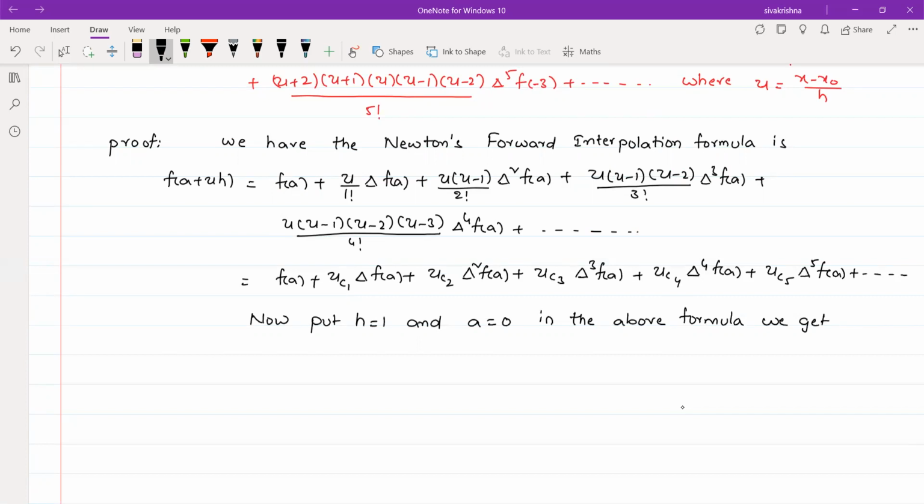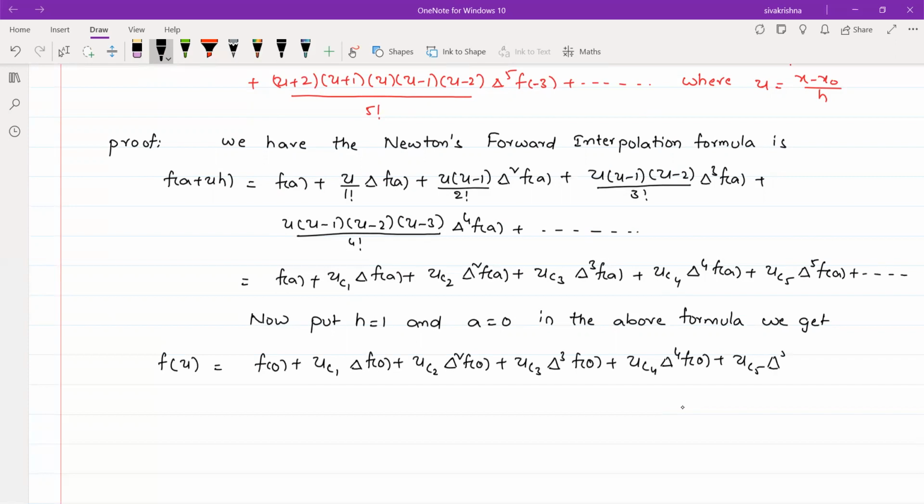from LHS, if you start to write LHS, we get f of a is equal to 0 and h is equal to 1, means we get f of u is equal to f of 0 plus uc1 into delta f of 0 plus uc2 into delta square f of 0 plus uc3 into delta cube f of 0 plus uc4 into delta power 4 f of 0 plus uc5 into delta power 5 f of 0 plus and so on.